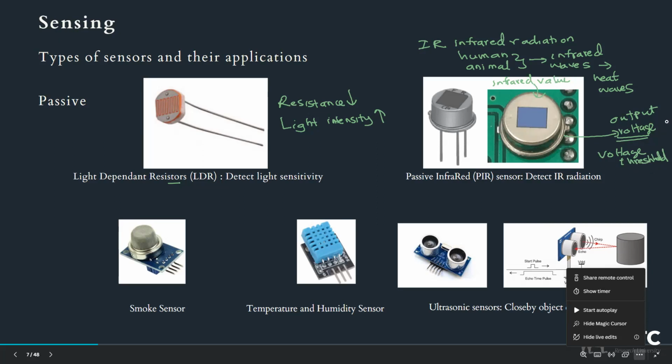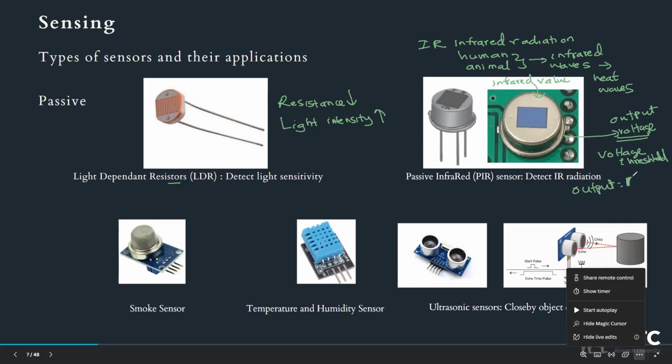Okay, so what happens is that the output voltage of this PIR sensor is used to calculate the difference between the voltage threshold and the output voltage. And if that difference is above a certain value, then the output will be 1, right?